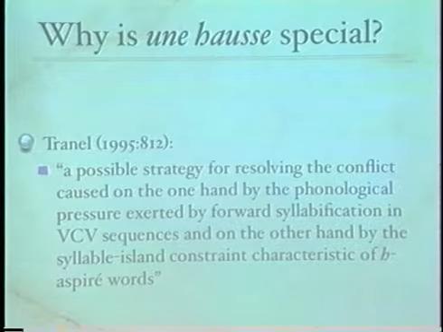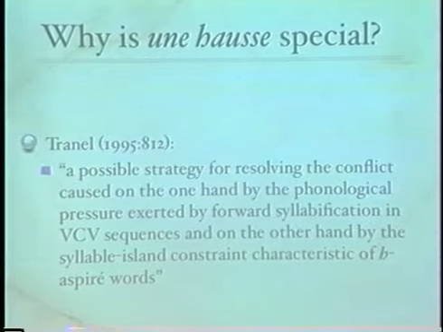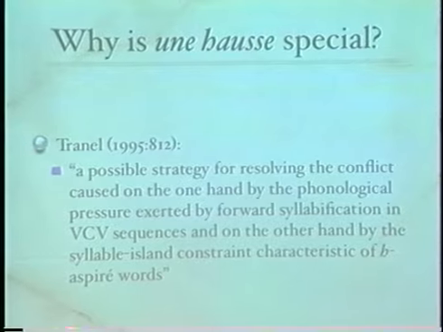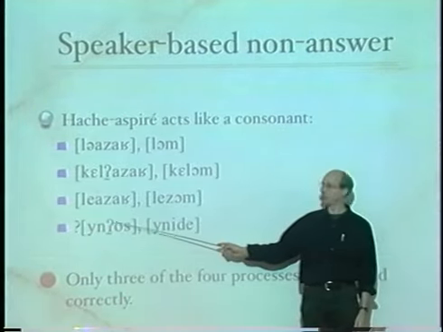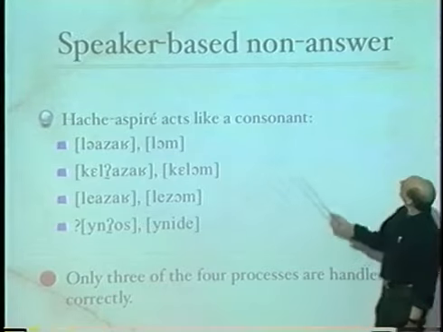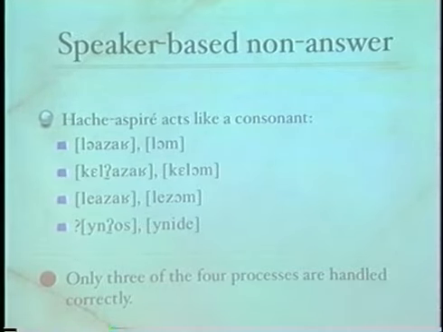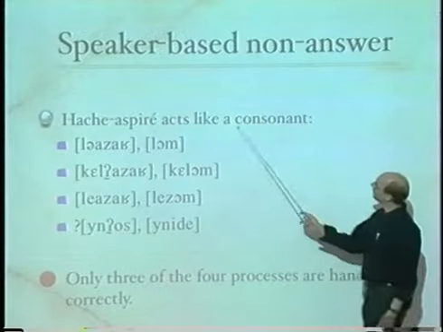So Tronel doesn't give the explanation for schwa. This explanation would also apply to this form here, to this pronunciation. So a speaker-based non-answer to the question, what's so special about une hausse, is that H aspiré acts like a consonant.